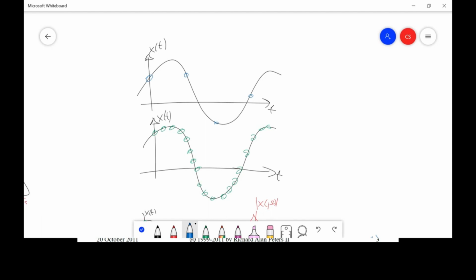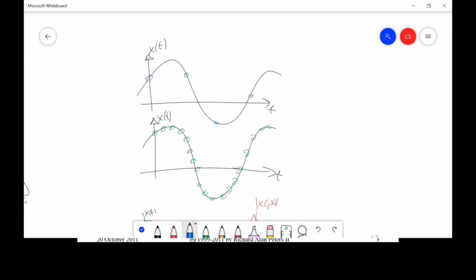So if in a wavelength you have at least 2 samples, 2 samples is not the limit. You may not be able to recover, but if you have a little bit more than 2 samples, then you can recover exactly your signal. That is what Nyquist is saying.